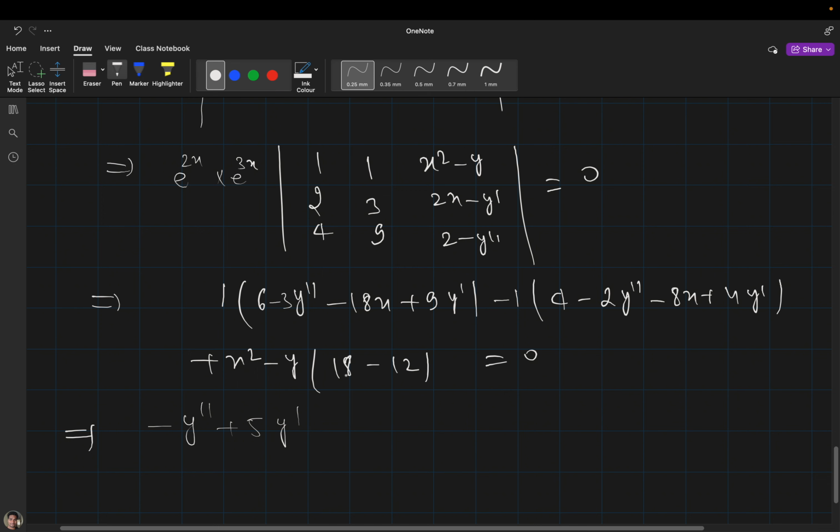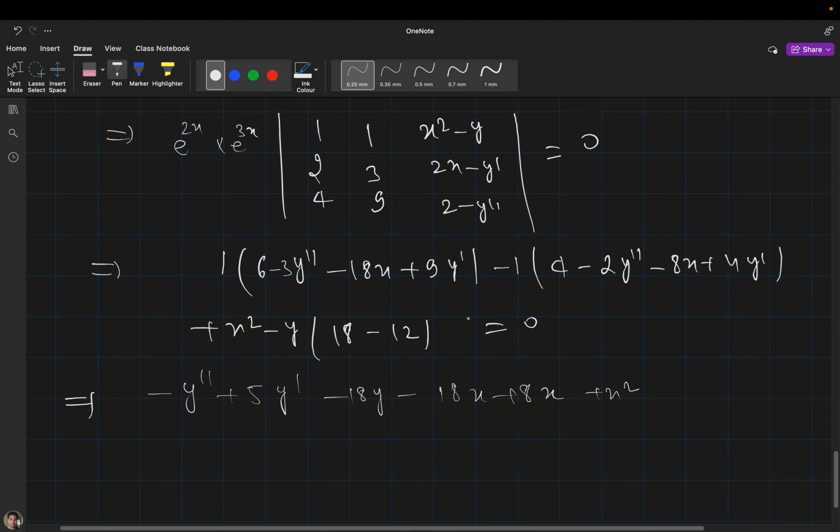Here it is minus 18y and 4y dash, so that will be minus 18y. There is no other y after this. Now you have x: minus 18x plus 8x, plus x square.